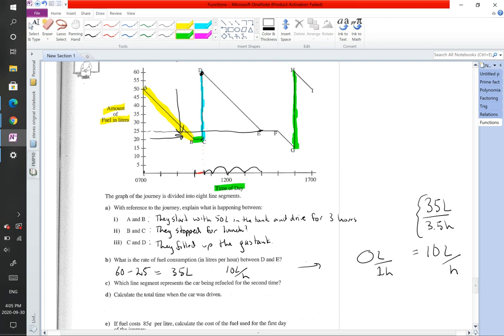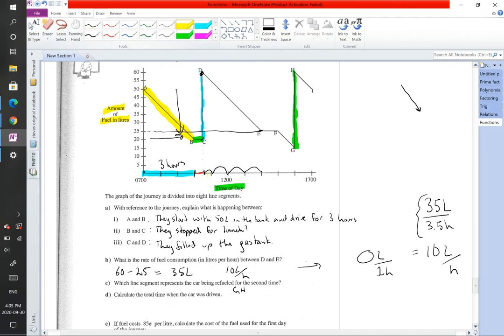Calculate the total time the car was driven. Any line segment that is losing fuel means that they're driving. So you can see in A to B, they are traveling for, boom, to there. That is 3 hours. And then they start driving.